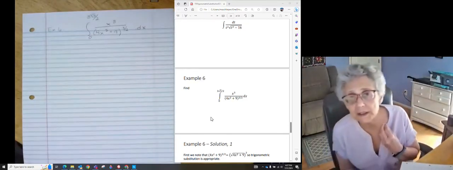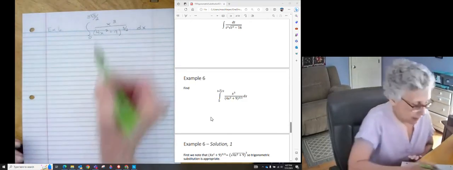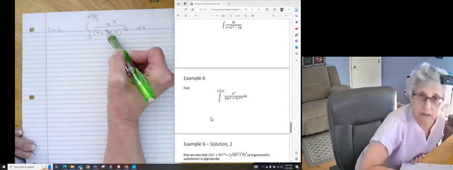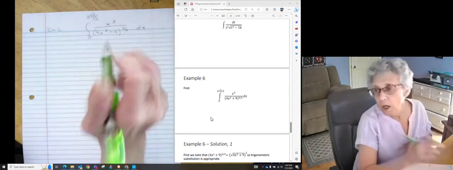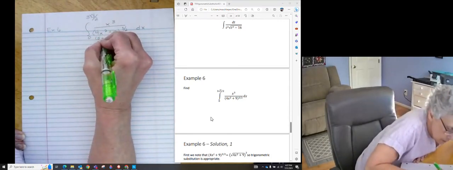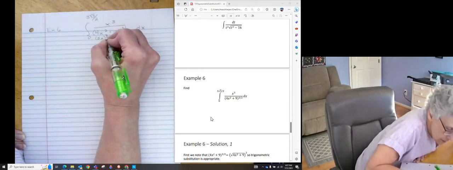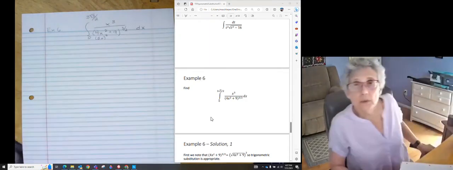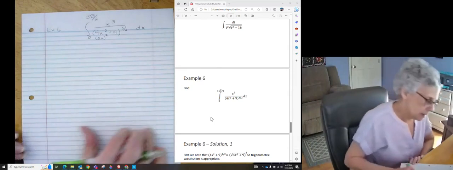Now this one is a little different also in that we have 4x squared here. So you could do some u substituting if you wanted to. This is the same thing as 2x in parentheses squared.